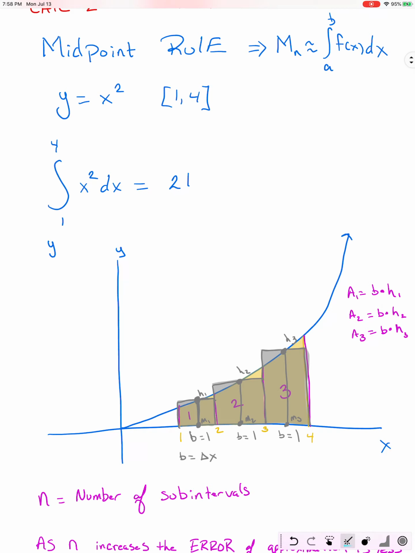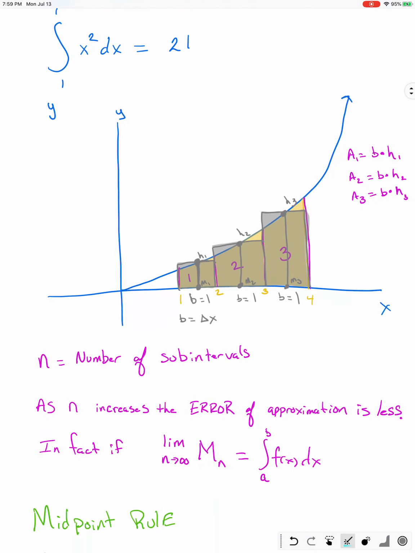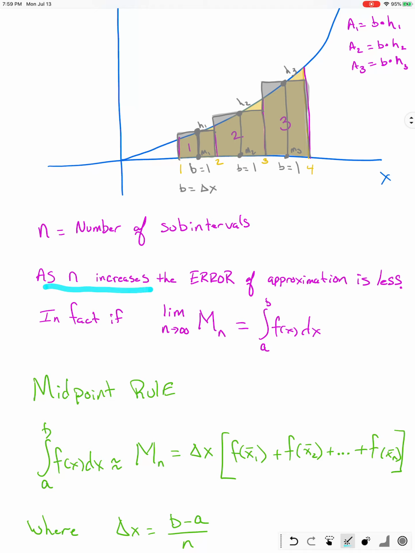As it turns out, if I let n be the number of subintervals, as n increases, the error of approximation gets less. As these subintervals get smaller, I have more of them. So the width gets smaller, but the number of them gets bigger, and then I have less and less error.